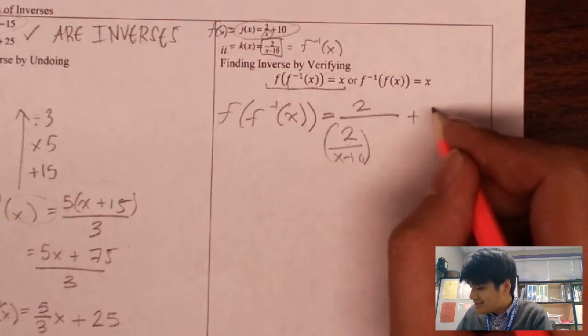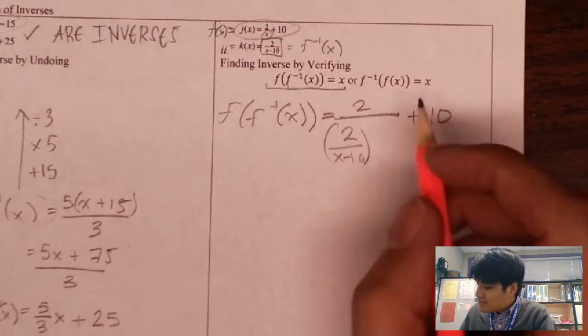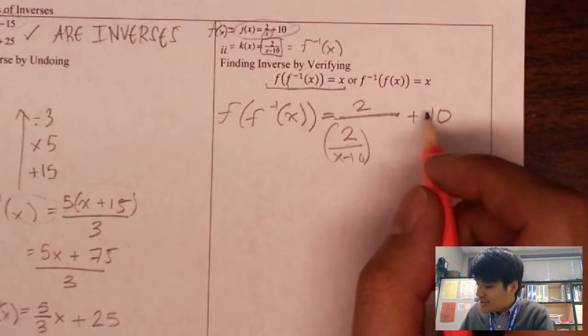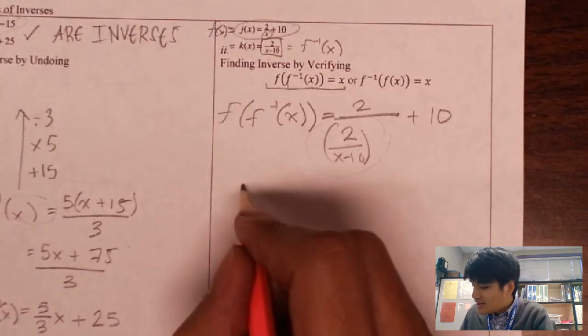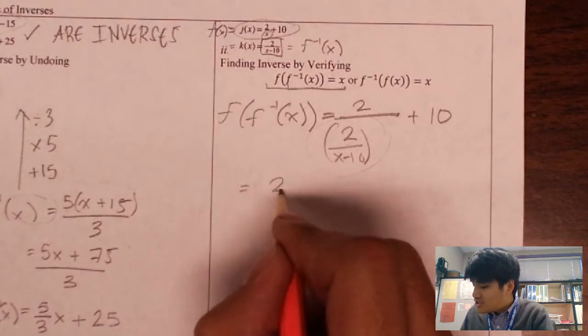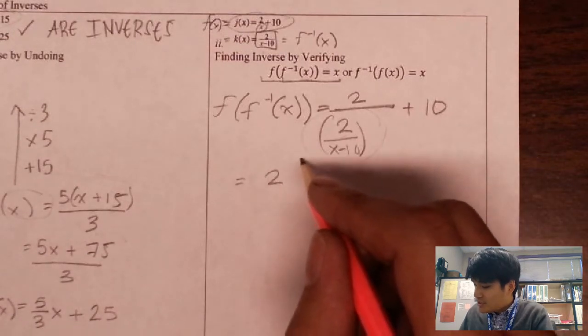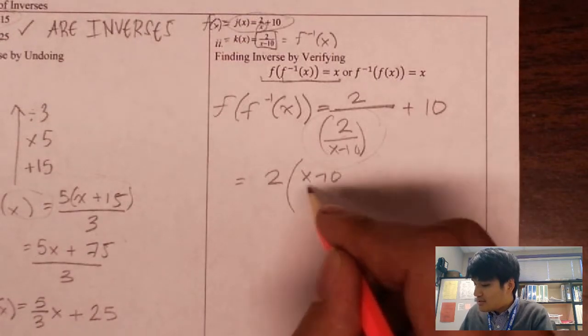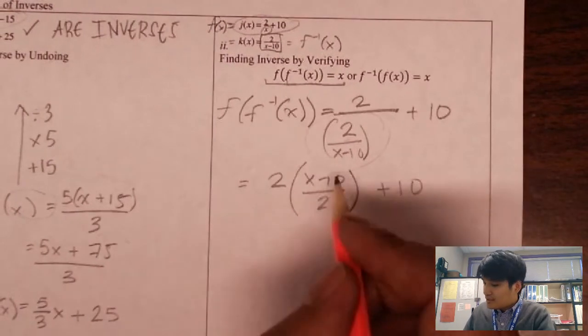Looks kind of funky, but that's okay. Let's figure this out. Because I'm dividing by a fraction, there are a few things we can do here. One thing I could do is change it into multiplication, so I can change this to x minus 10 over 2, plus 10.